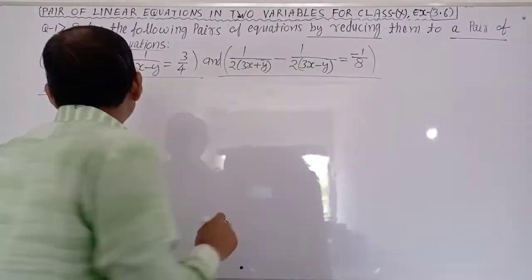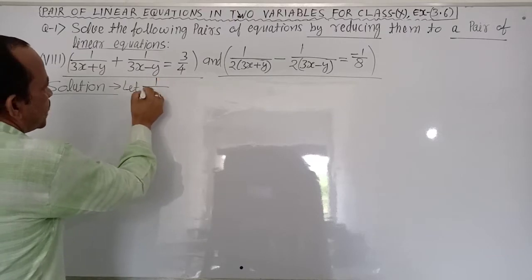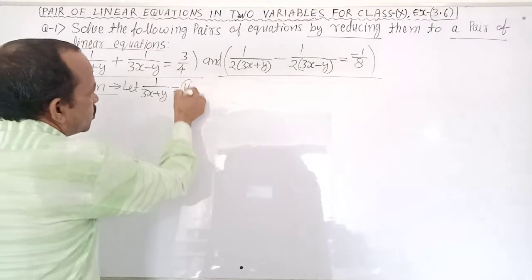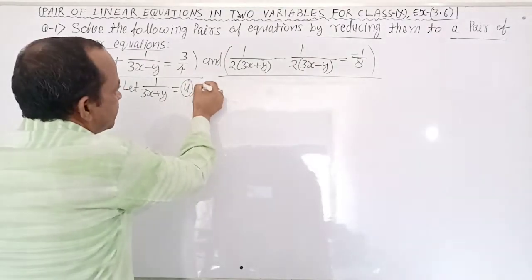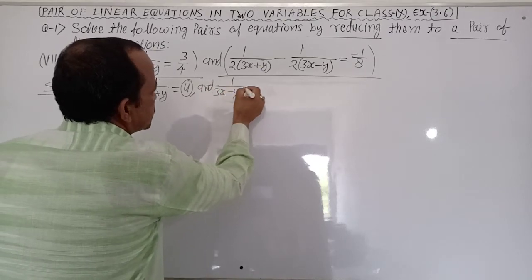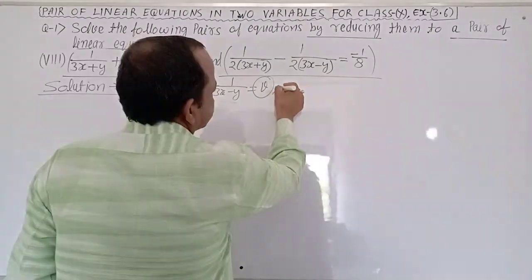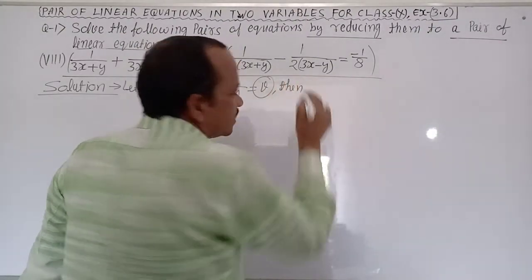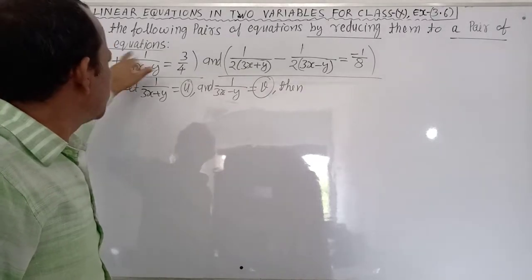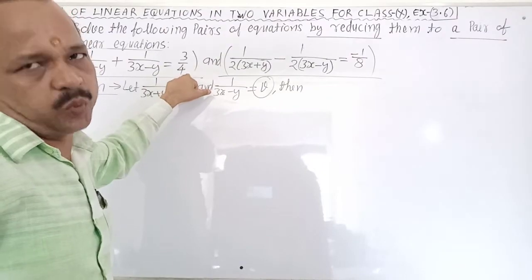Clear? See the work. Let 1 by (3x plus y) equal to u and 1 by (3x minus y) equal to v. Then 1 by (3x plus y) plus 1 by (3x minus y) equal to 3 by 4.